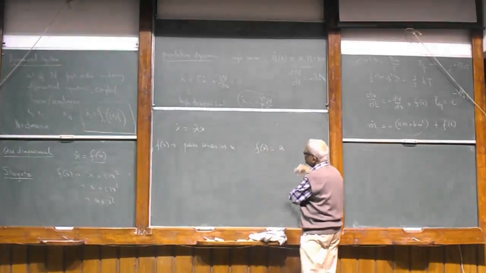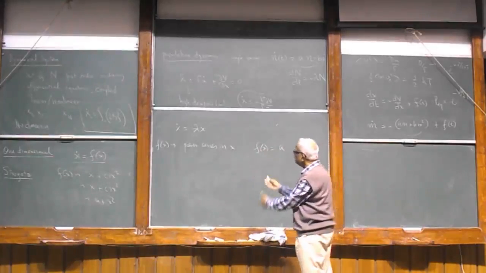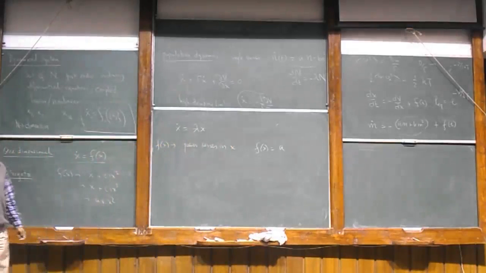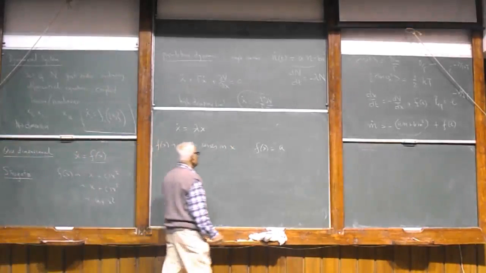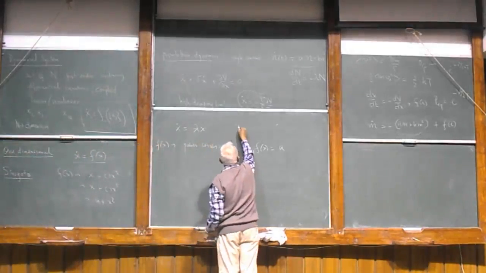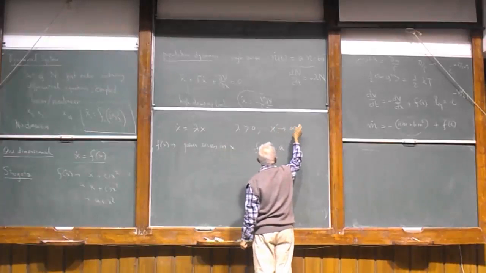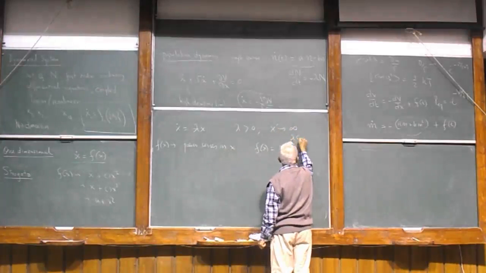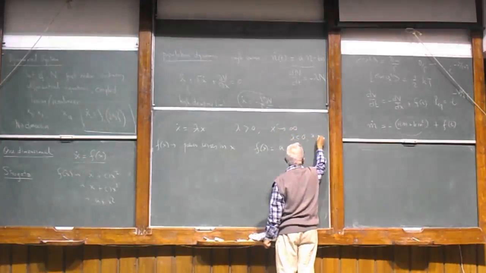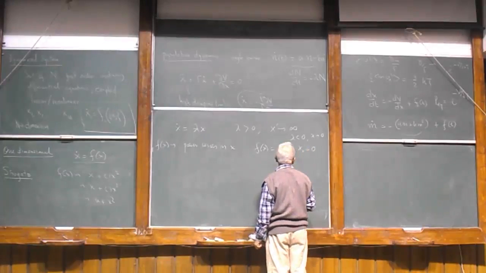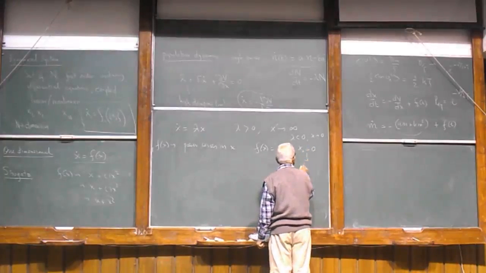The constant can be removed by a shift. So it's x dot equal to lambda x. And what did we see yesterday? That if lambda is greater than 0, x goes off to infinity. If lambda is less than 0, x goes to 0. But if your initial condition is x0 equal to 0, then you stay put, right?